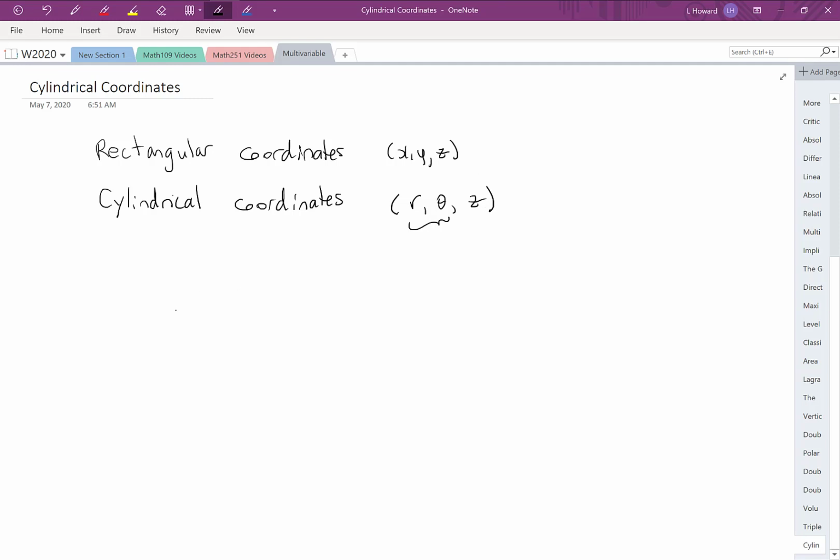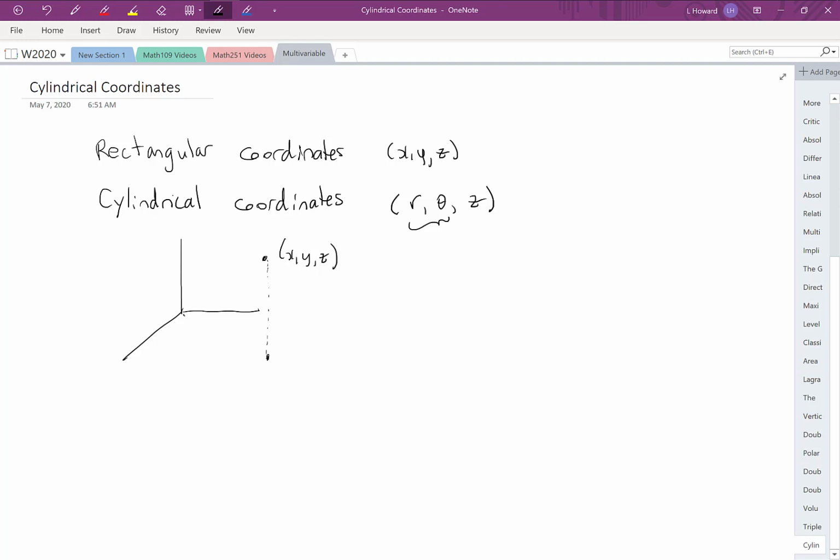So let's see if we can draw a picture of our cylindrical coordinates in 3D. Let's say we have a point right here, x, y, z, that we want to express in cylindrical. We'd say, okay, the z coordinate is going to be the same as we would use in rectangular. And to figure out the r and the theta, we're just going to drop this point straight down into the xy plane, and then we're going to think about r and theta the same way we would with the 2D polar coordinates.